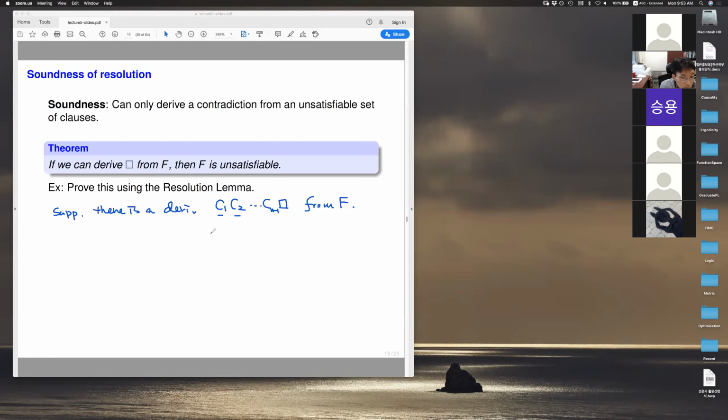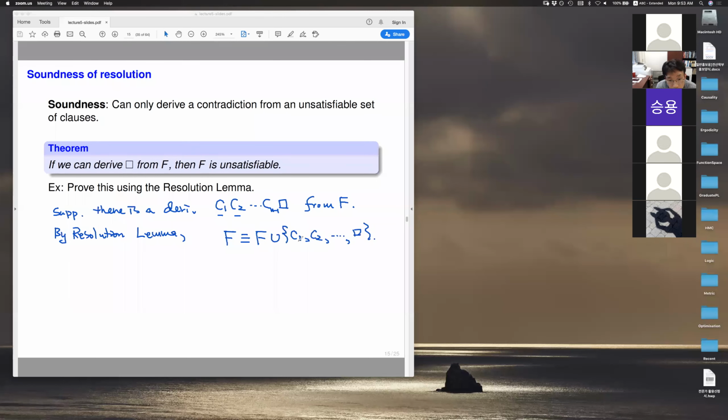So by the resolution lemma, what this entails is that F should be logically equivalent to F together with all the clauses in this derivation, C1, C2, and so on, and the box.